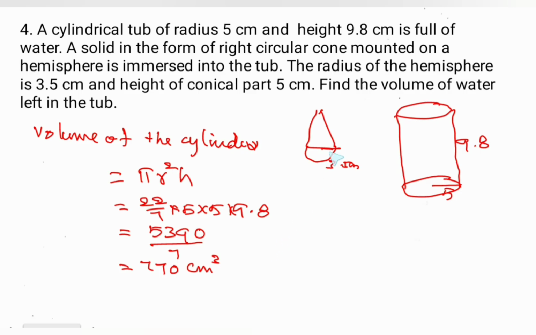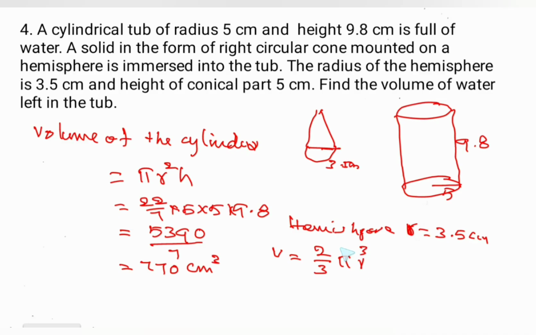Now this hemisphere, radius r equals 3.5 centimeters. The volume of the hemisphere is 2 by 3 pi r cube.